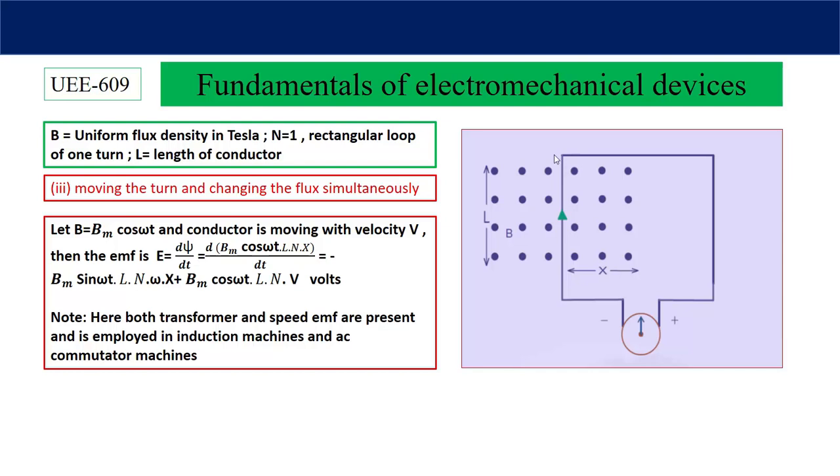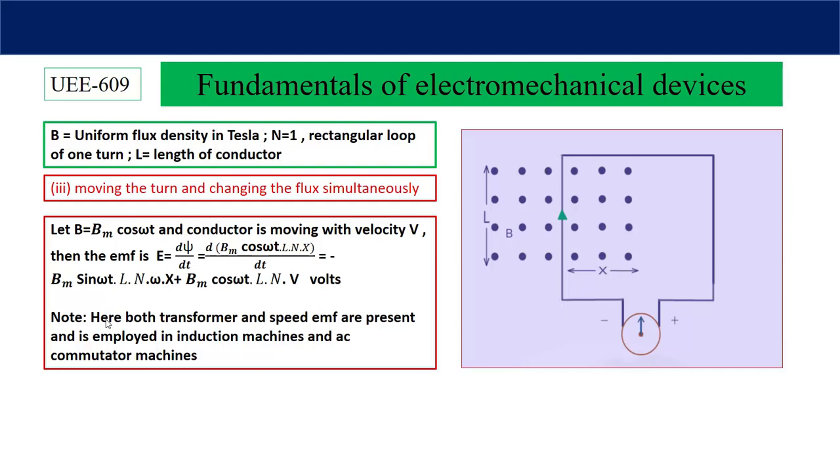Now to reduce the changes in the flux linked with the coil, the rotor starts moving in such a direction as to reduce the flux linked with the coil. So this is the basics of the induction motor. In more detail we will see when we discuss the speed control of induction machines.